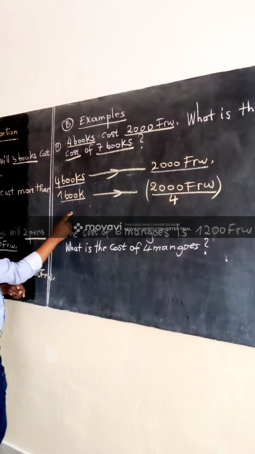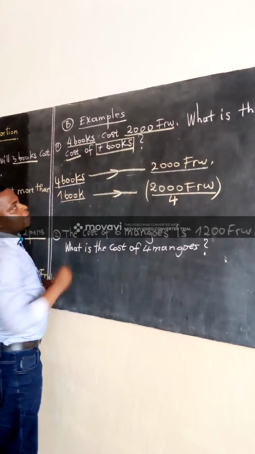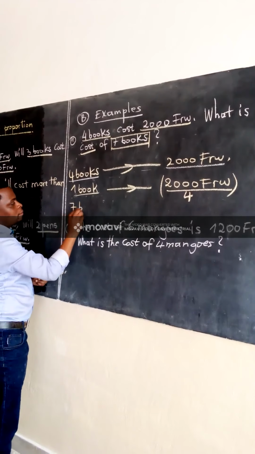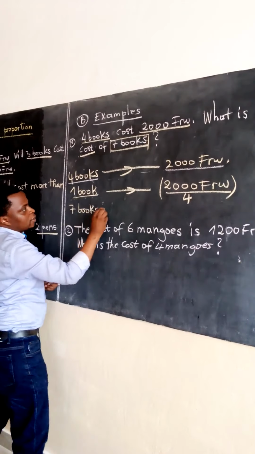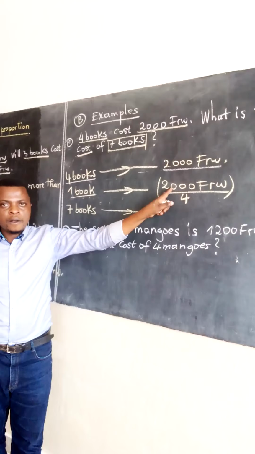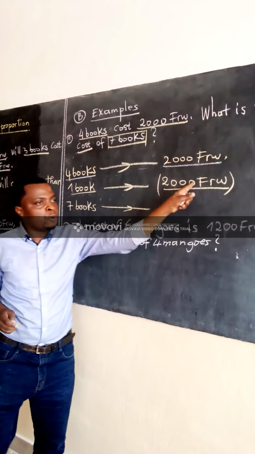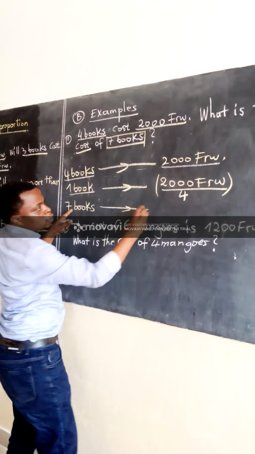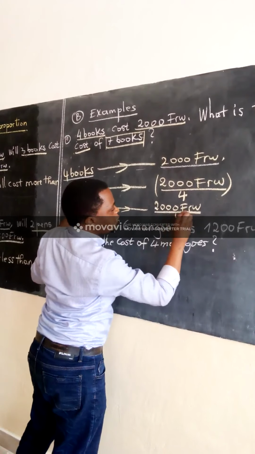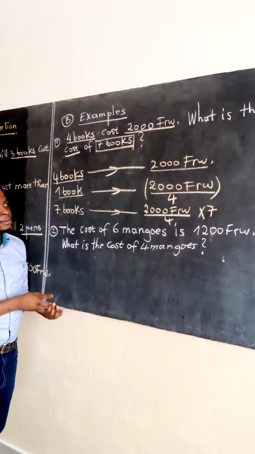In the last line we see what they are asking now: the cost for 7 books. We put 7 books will cost how much? Since we know the cost of 1 book, it is easy. We take the cost of 1 book times 7, which is equal to 2,000 francs divided by 4 times 7. Here you can simplify.